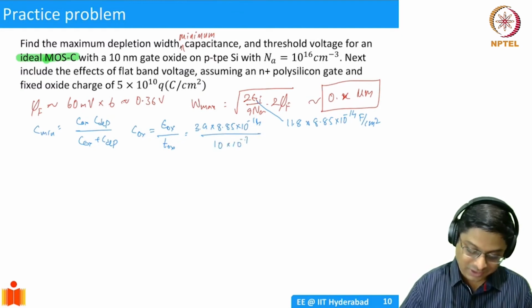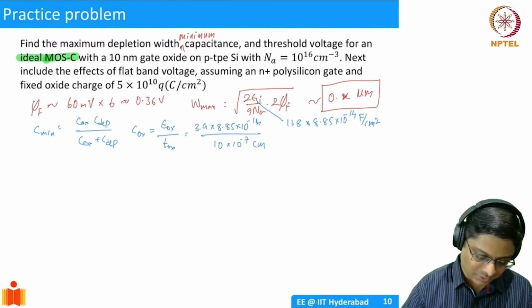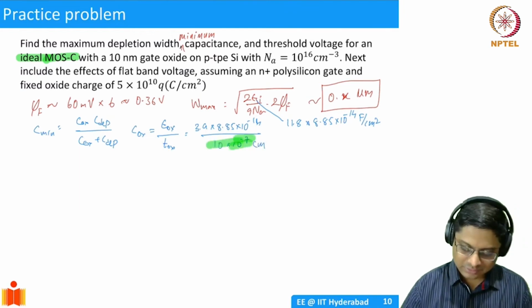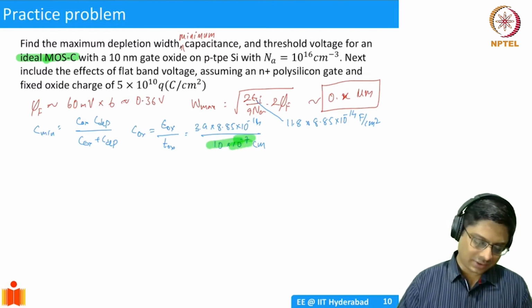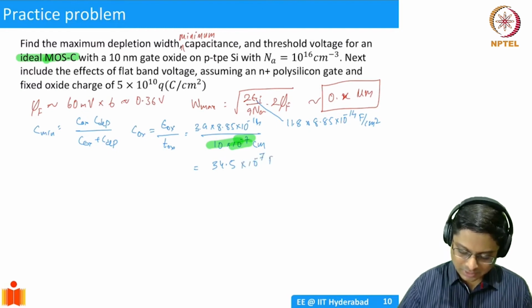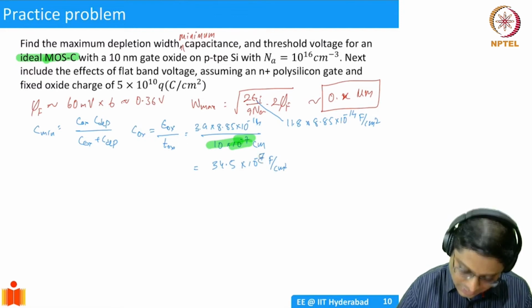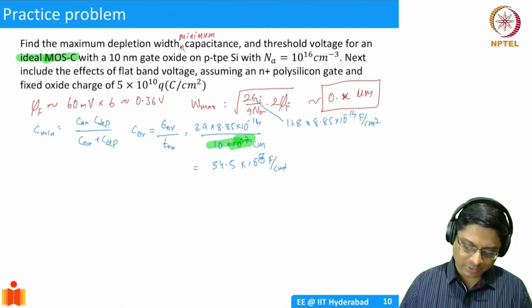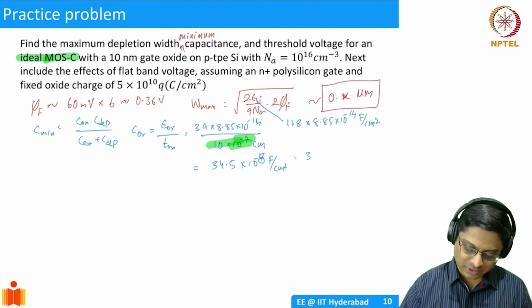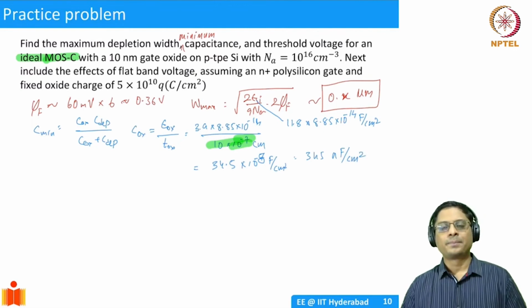We need to write it in centimeters, not in nanometers, so we put 10 power minus 7. If you calculate this, the first term will be 34.5, into 10 power minus 7 farad per centimeter square. Oh, well, there's a 10, so this should be 10 power minus 8. So it will be 345 nanofarad per centimeter square. Okay. Good.